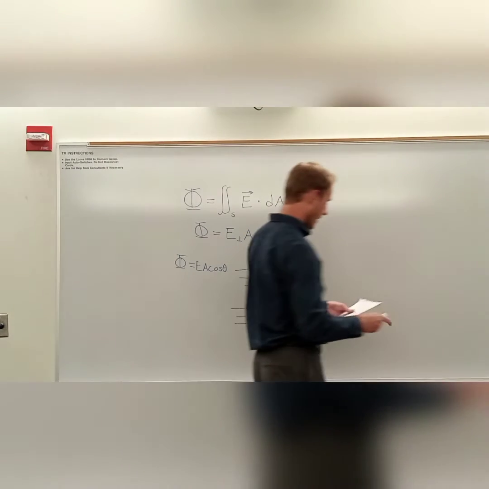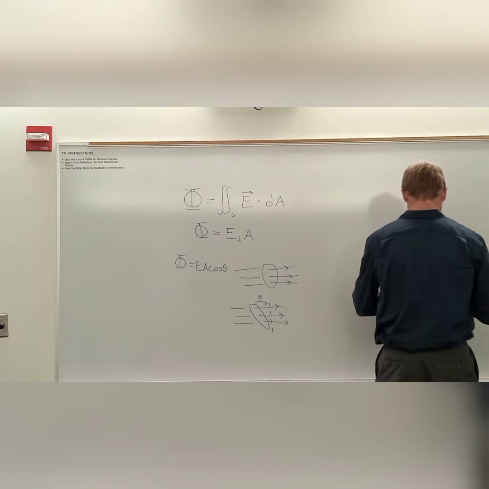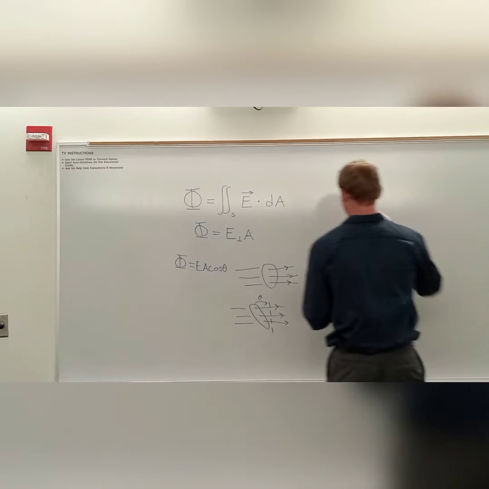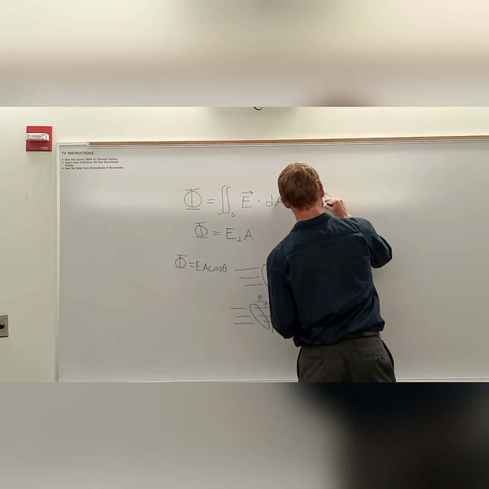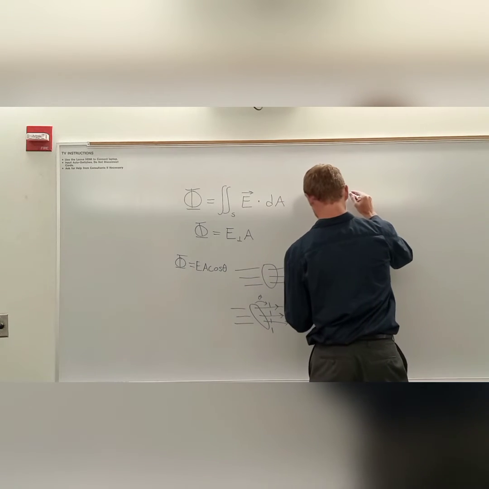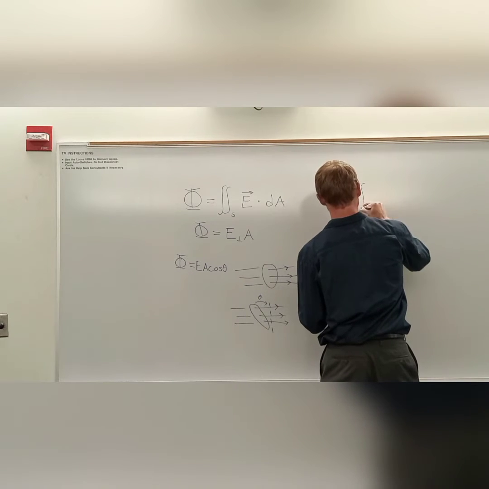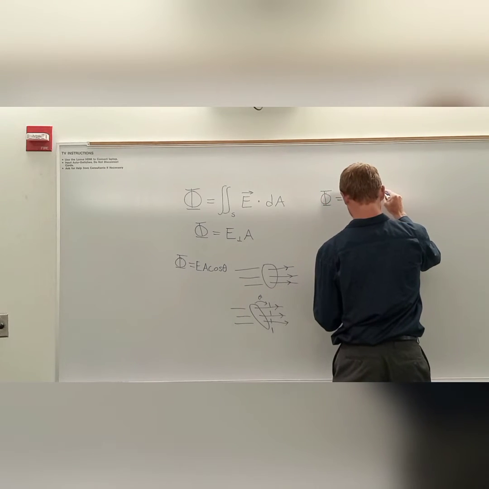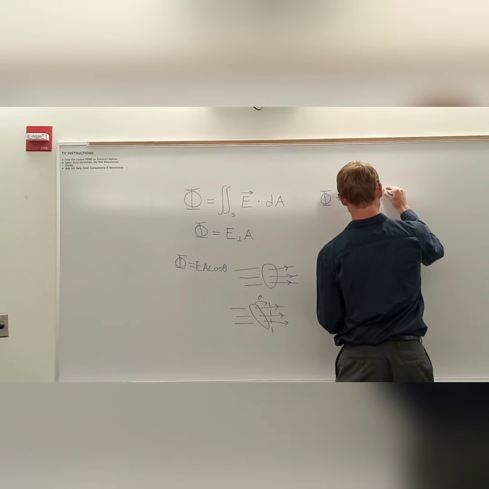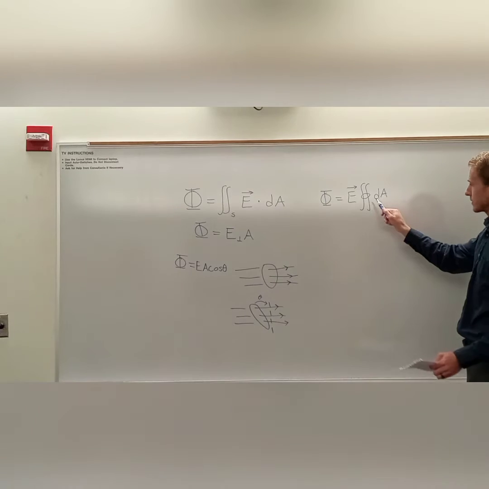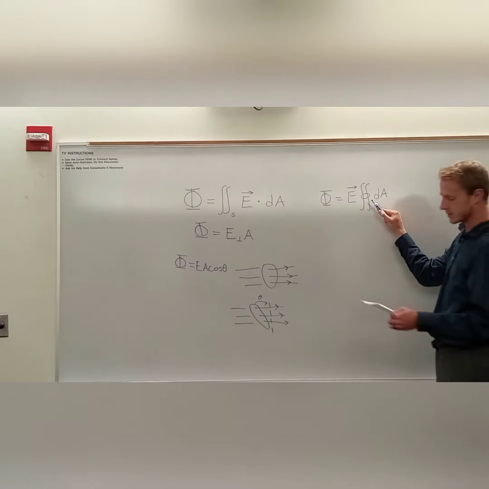If we have a Gaussian sphere, or the Gaussian surface of a sphere, we have our flux as E. We take it outside the integral of dA, and we put this little circle around the two integral signs to mean it's a closed surface.